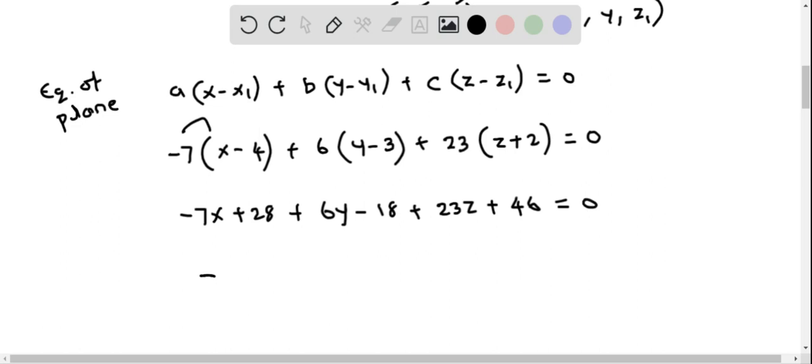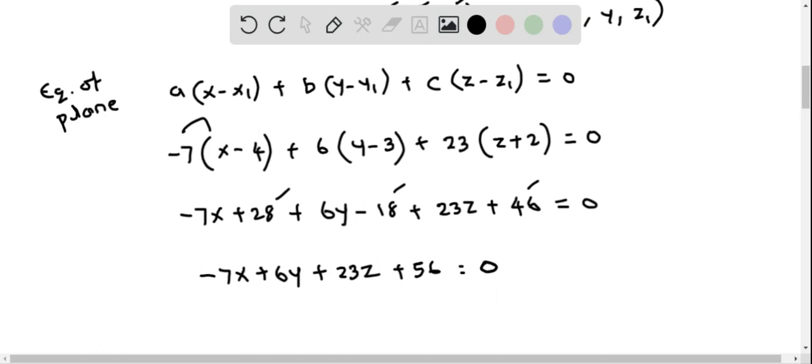So therefore I can write down this negative 7x plus 6y plus 23z. Then add the numbers, 28 negative 18 plus 46. 28 negative 18 is 10. 10 plus 46 is 56. So I put positive 56.